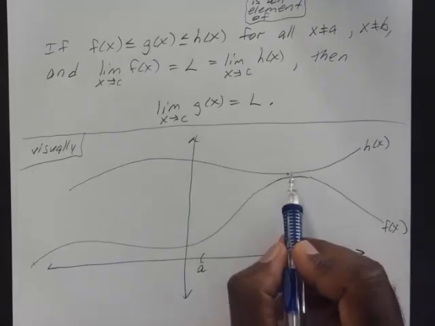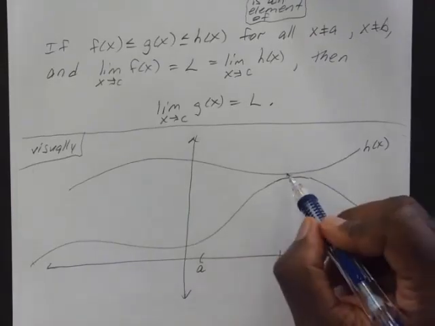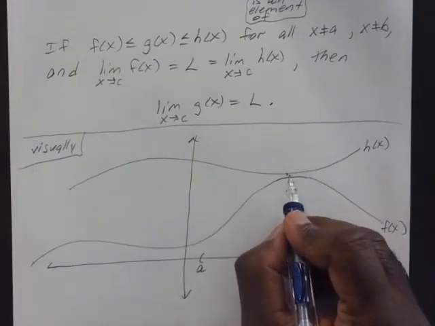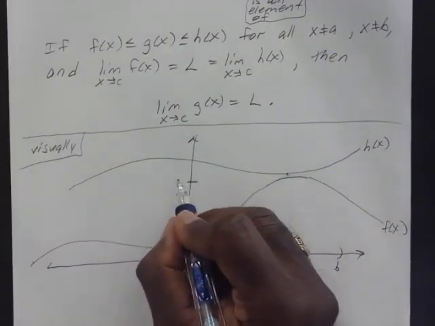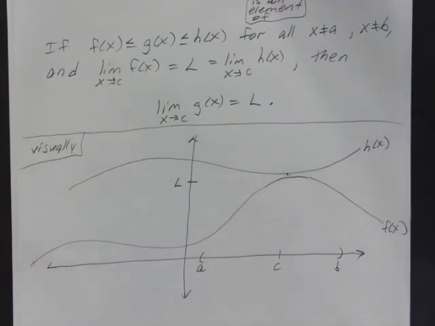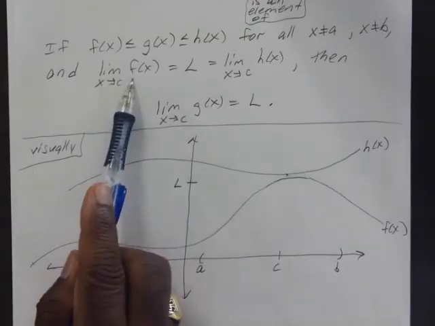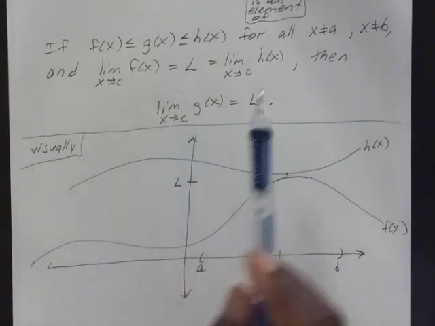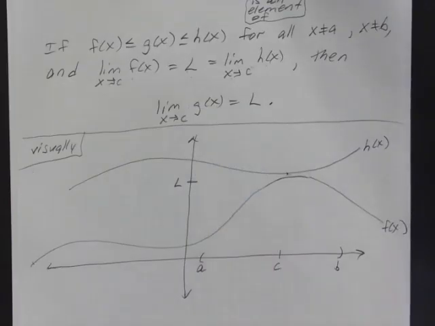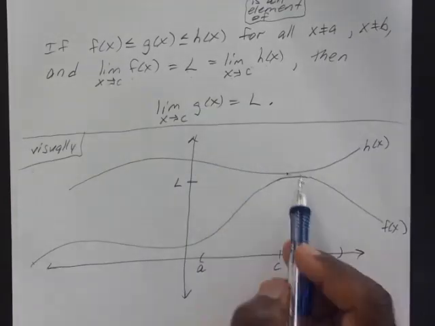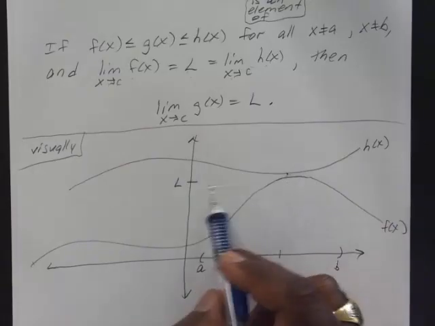Okay. So we see that both of these right at that point c, they approach this value here, and that's the limit value that we will call L. So we know the limit of f of x as x approaches c is that value L, and the limit of h of x as x approaches c is that value L. Both from the left and from the right are getting closer and closer to that limit value.